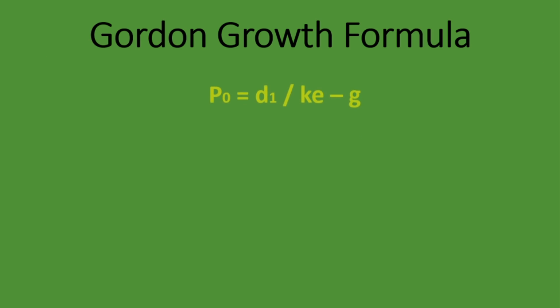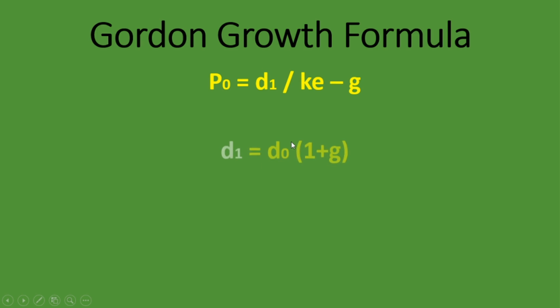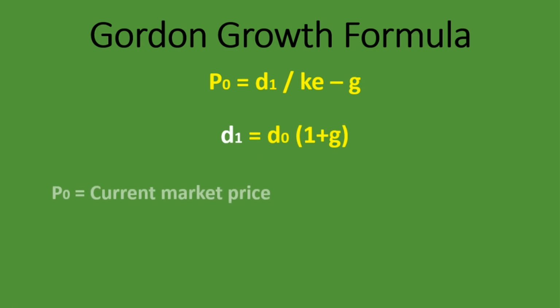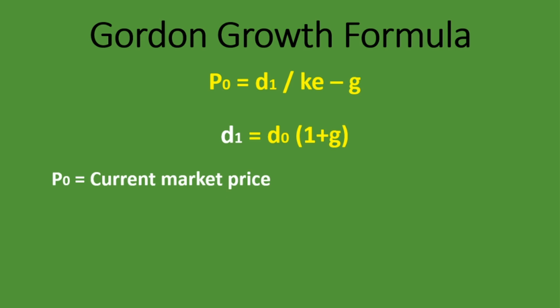And what is this? Well, this is where we have P0 equals D1 divided by KE minus G. And by D1, how do we get D1? Well, D1 is D0 times (1 plus G). And what do these letters stand for? Well, P0 stands for the current market price, and that is what we are trying to calculate.